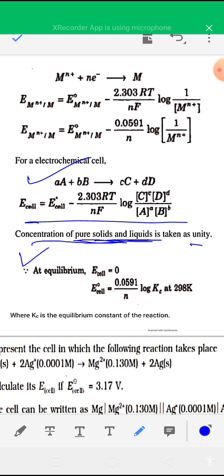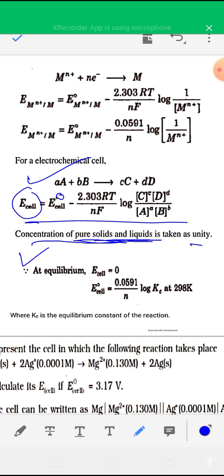Now see, at equilibrium E cell is equal to 0, not E0 cell. The cell potential is equal to 0, but not the standard cell potential at equilibrium.